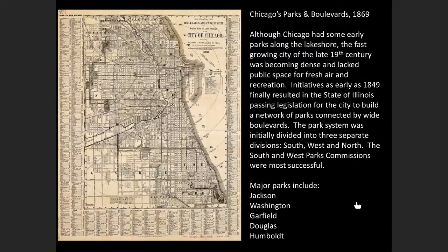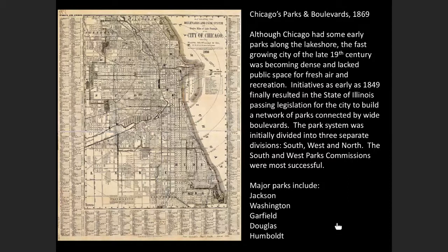But one of the things with Chicago's park system is that they thought, let's connect all of those parks. So rather than have one big giant park, as New York did, let's have a series of smaller parks that would be more like neighborhood parks. And let's connect them with boulevards the way those Parisians are doing, those grand boulevards.